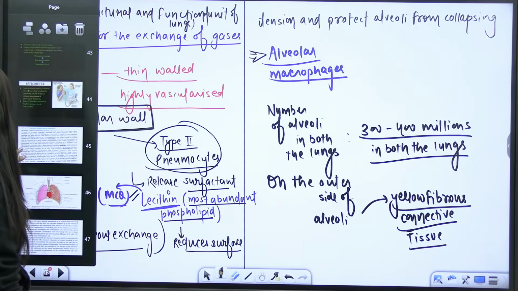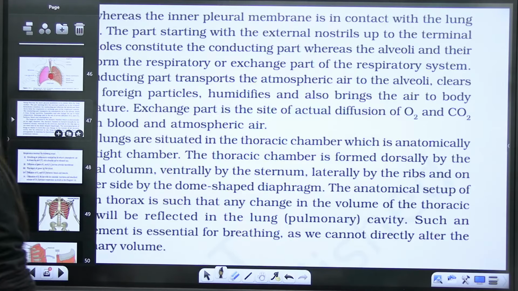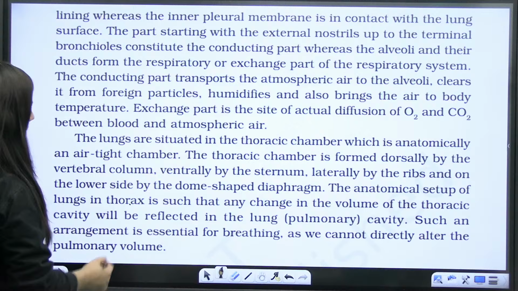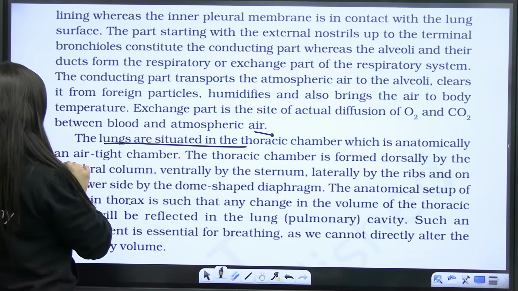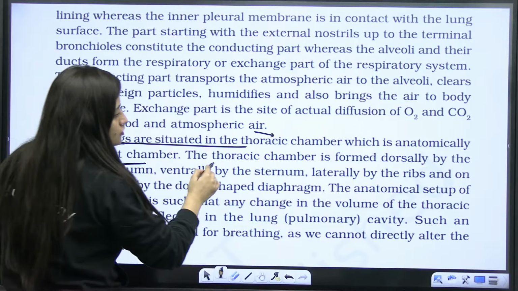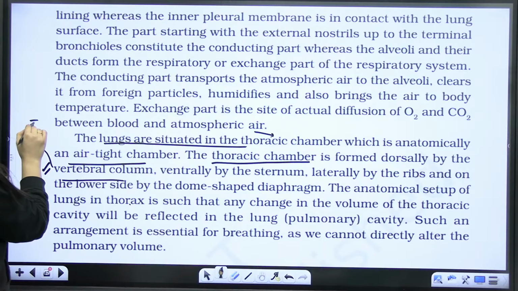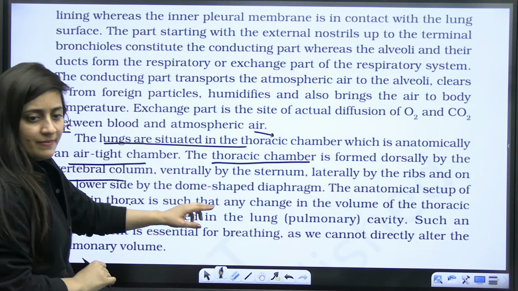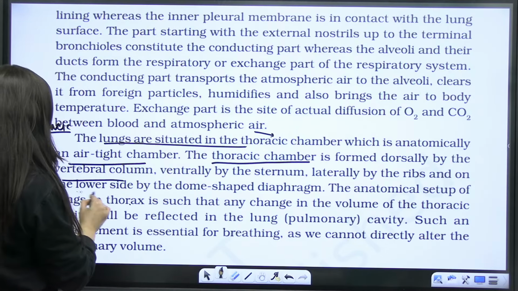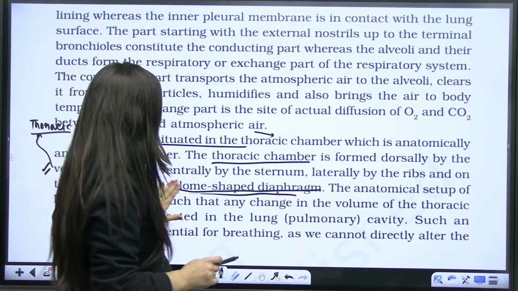You can even read the NCERT here. This part we have covered in the last class. Lungs are situated in the thoracic chamber, an anatomically airtight chamber. The thoracic chamber is formed dorsally by the vertebral column, specifically the thoracic vertebrae, ventrally by the sternum, laterally by ribs, and on the lower side by a dome-shaped diaphragm. The diaphragm is unique to mammals.